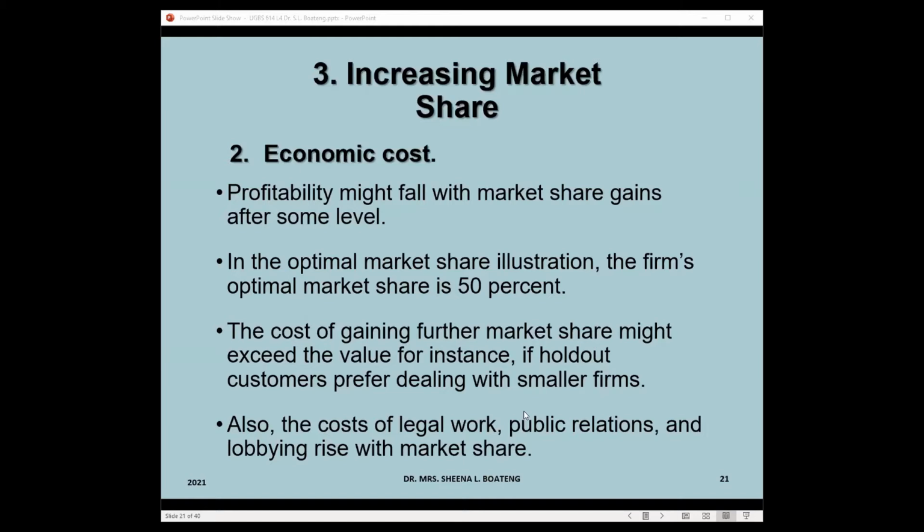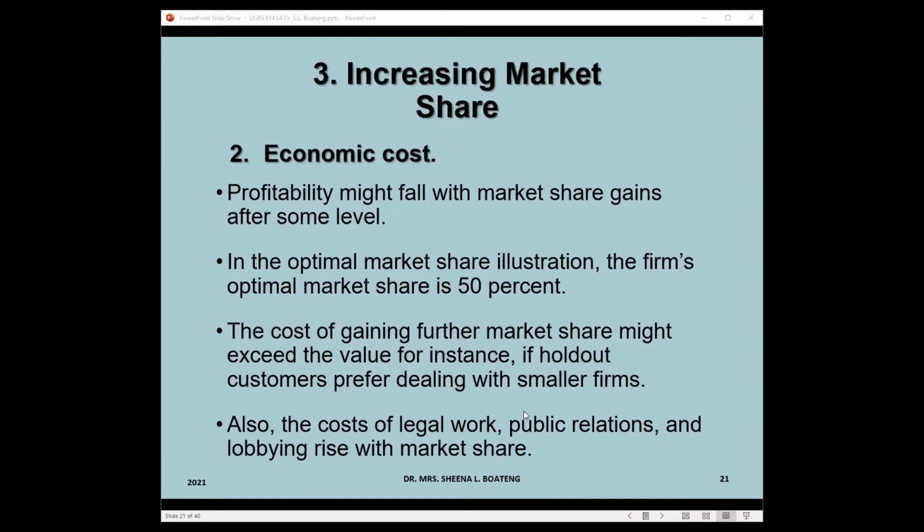And a typical example where this would happen is, for instance, if there are some holdout customers who, regardless of the market leader and the phenomenal nature of the products they are offering, are not attracted to the market leader and their offering, but still prefer to deal with smaller firms. Irrespective of how much the market leader expands and gains market share, they will never be able to gain the custom of this particular group.